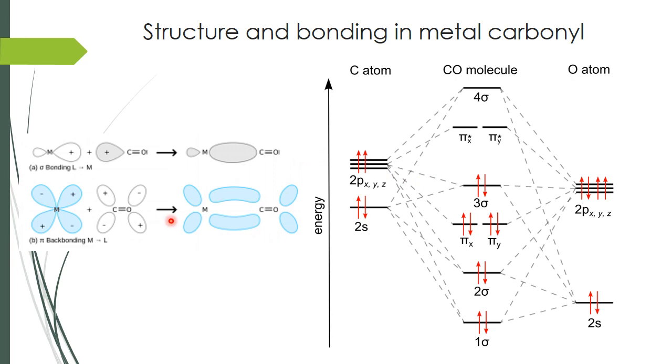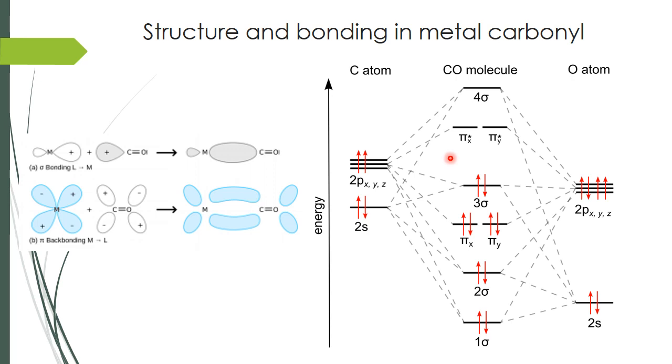Once the electron density comes from the metal atom, that electron will go and fill the pi star anti-bonding level of the carbonyl group.